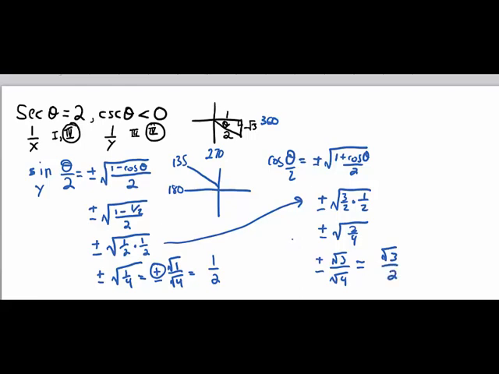But now I have to think again, where am I going to be in this half angle formula? I took my theta and divided it in 2, which puts me somewhere in this zone of the second quadrant. Now since cosine is an x value, the x values in the second quadrant are negative. So your answer to this problem is negative square root of 3 over 2.